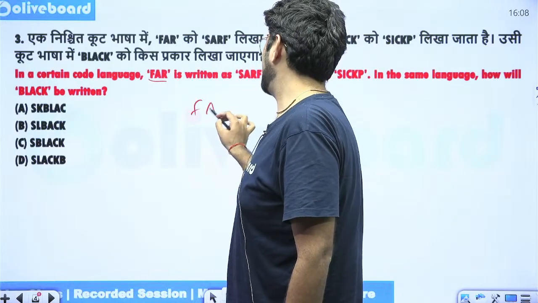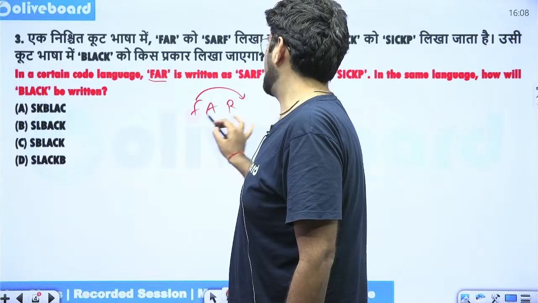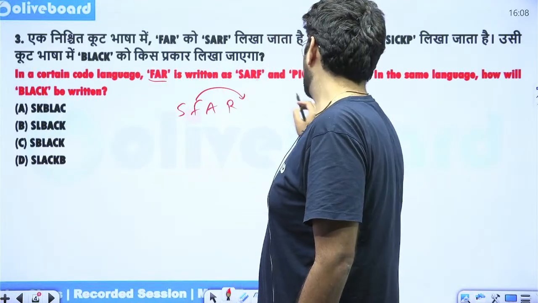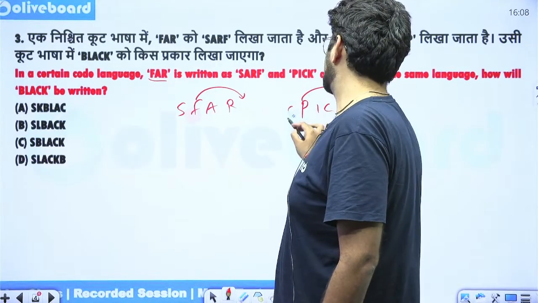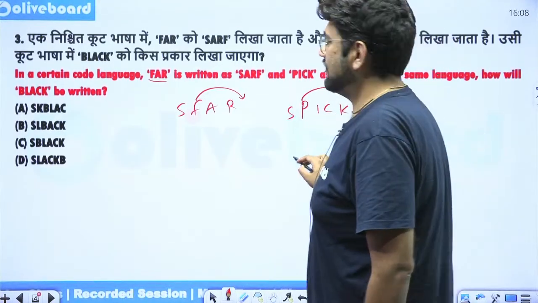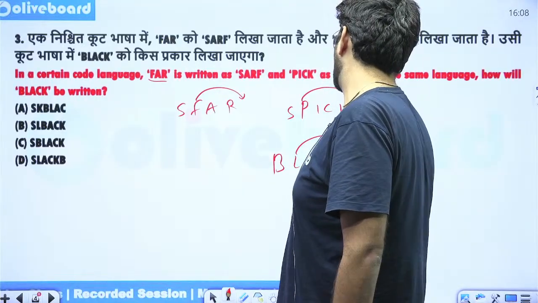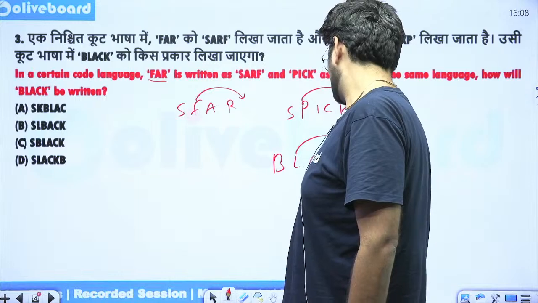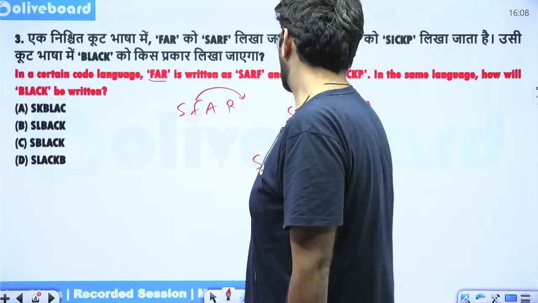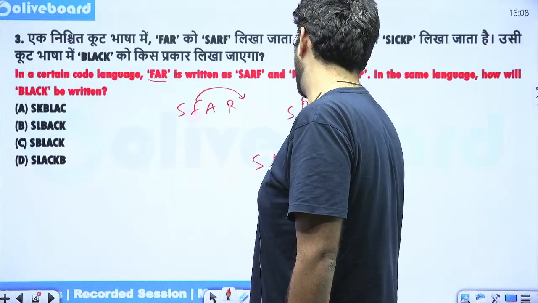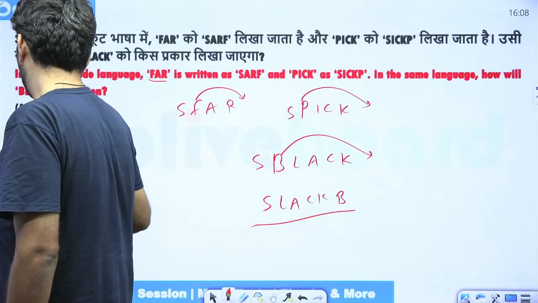If I have FAR, AR is staying here, F is going at the end, and I am adding an S in the front. If I have PICK, ICK is here, P is going at the back, S is coming in front. So similarly, if I have BLACK, B is going at the back and S will come in front. So the answer will be SLACKB, which is option D.